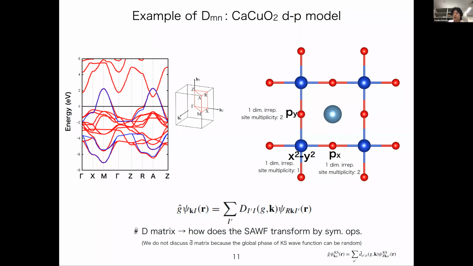Here we do not discuss the D tilde matrix because it depends on the random gauge, the global phase of the Kohn-Sham wave function. So again, this D matrix describes how the Wannier gauge symmetry adapted Bloch functions are transformed by the symmetry operations.